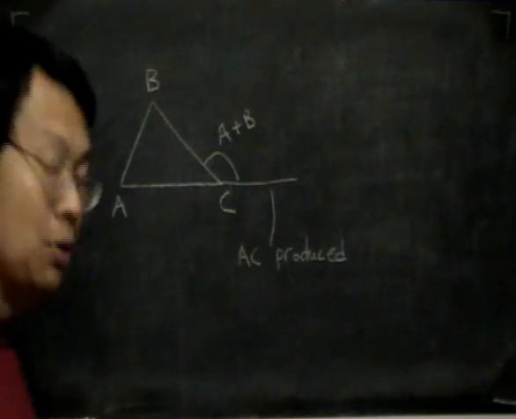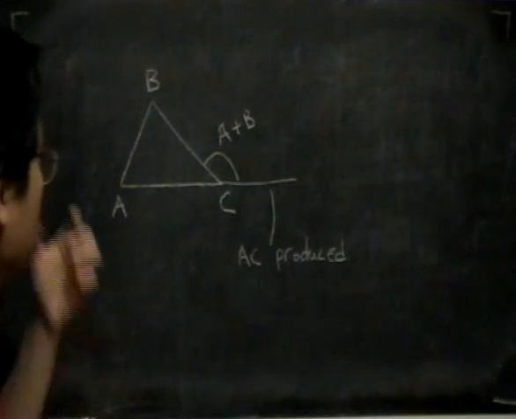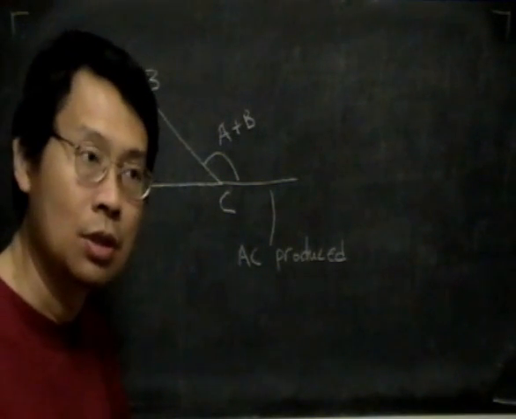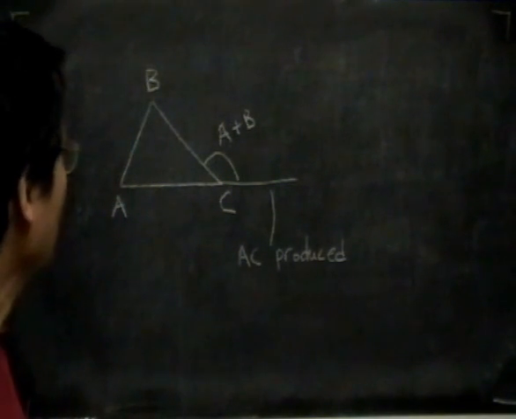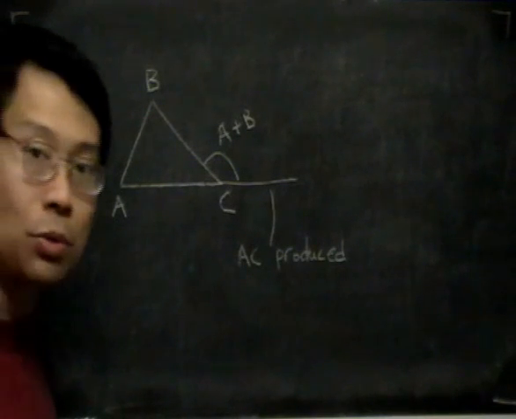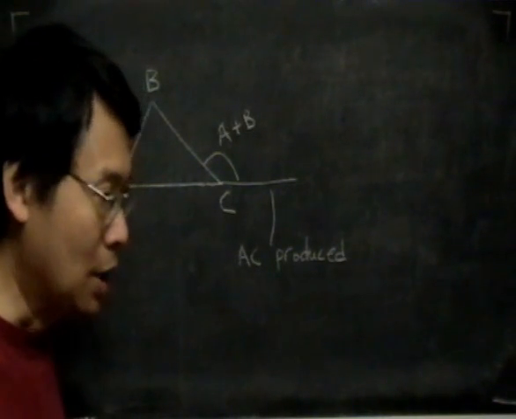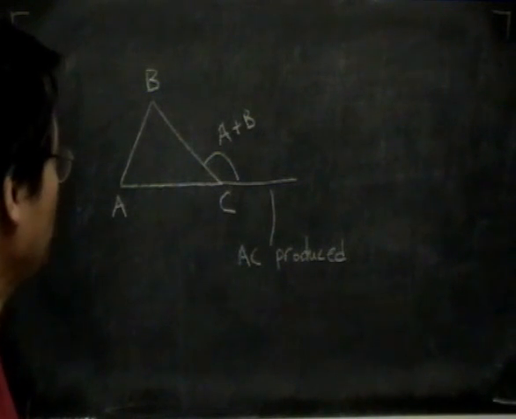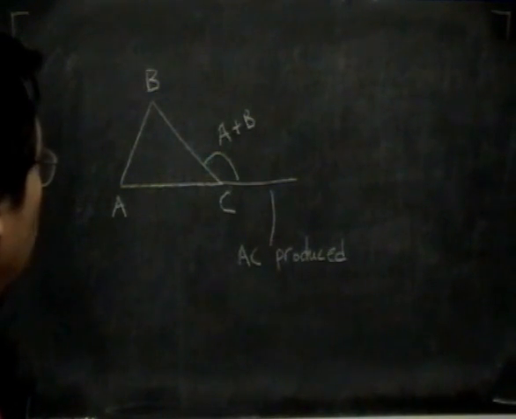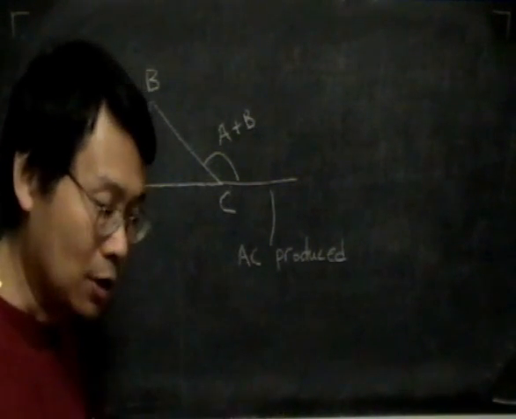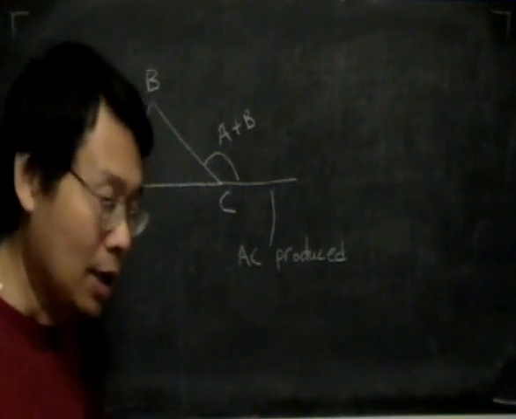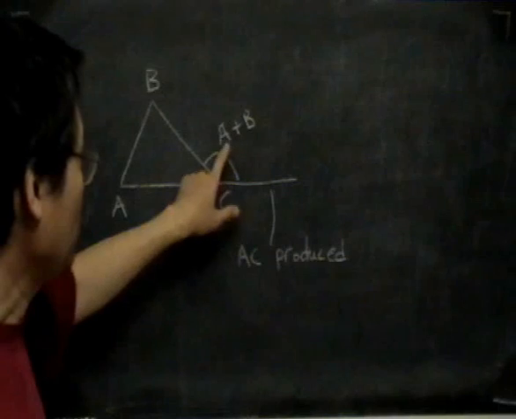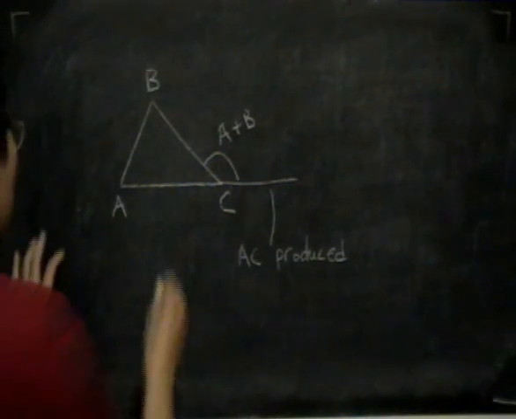Okay. Now if you are seeing this for the first time, it might look rather strange. So how are we going to use this? Well, it will happen in quite a lot of questions. We'll come on to those. But for now, let's just get a rough understanding about why you can get this by adding those two angles.